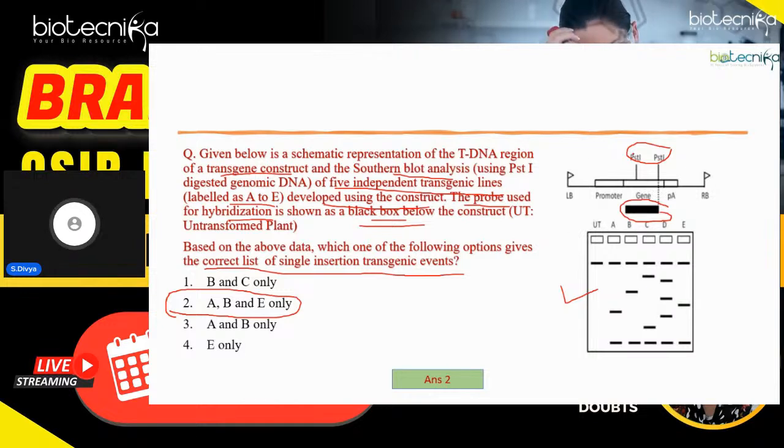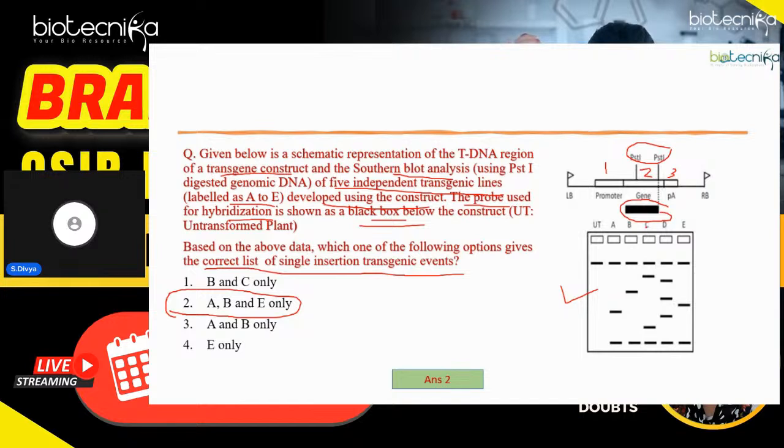When you go for genomic restriction digestion with the help of PST1, you will find 3 fragments, right? Of these 3 fragments, you can find that the probe is getting attached to the first 2 fragments but not to the third, right? You can see through the image.